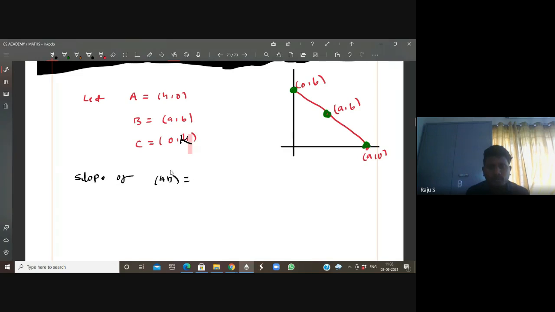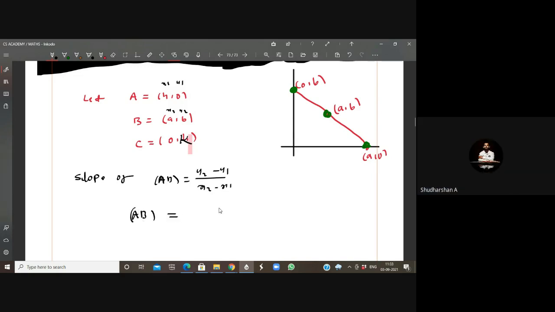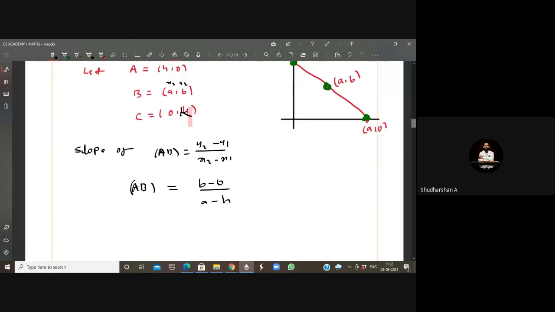What is slope of AB? Students, let us take this as x1 y1, this as x2 y2. Slope is (y2 minus y1) by (x2 minus x1). So slope is (b minus 0) by (a minus h), which equals (k minus b) by (0 minus h).